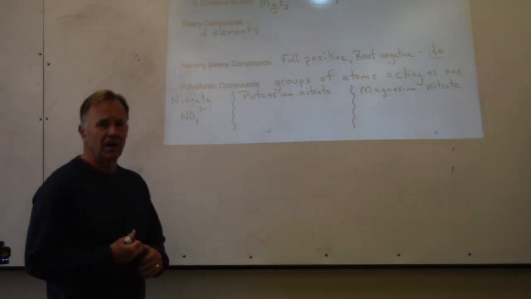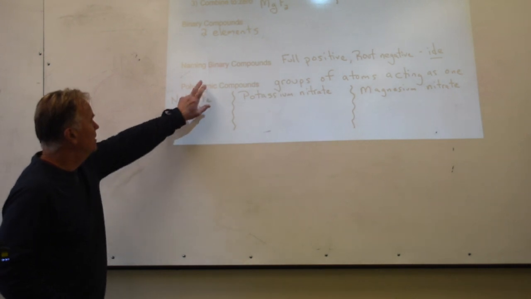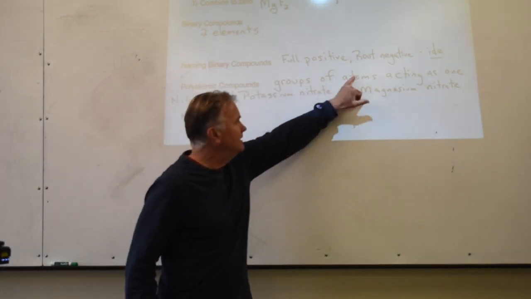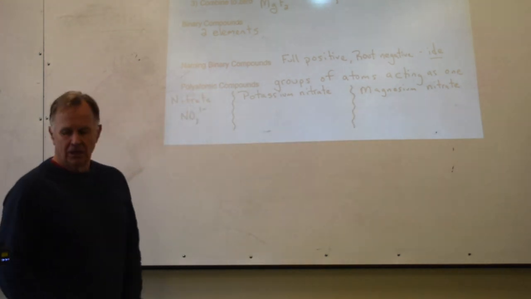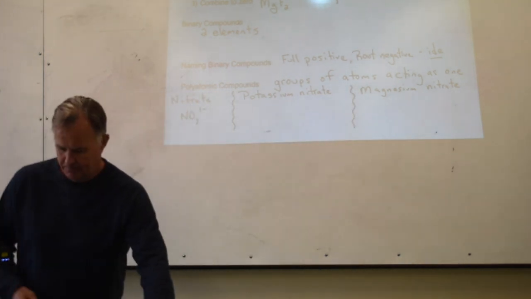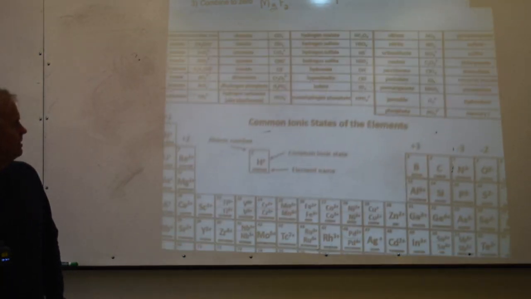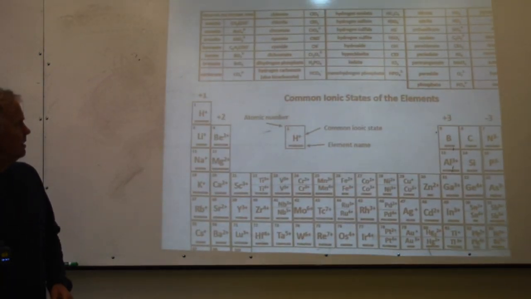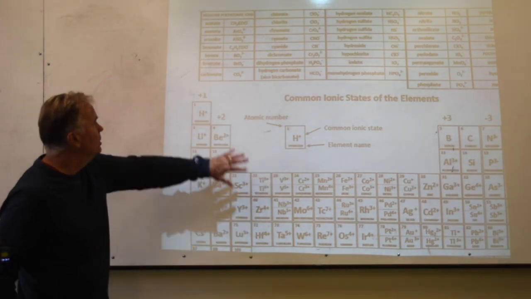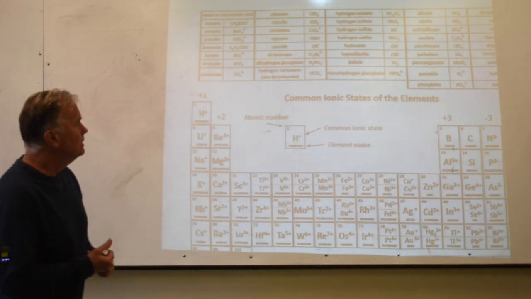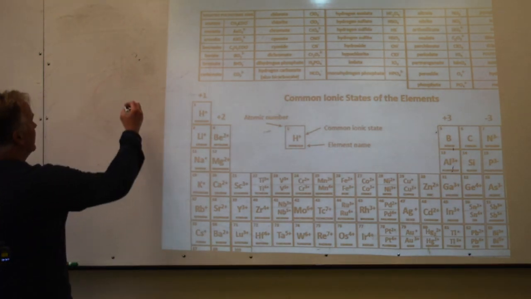Finally, polyatomic ions. Polyatomic compounds or ions are groups of atoms acting as one. There are quite a few of them. If you look at your periodic table, you can see at the top of this table of ions that you can look up these common polyatomic ions. Today we're going to look at, for example, nitrate.